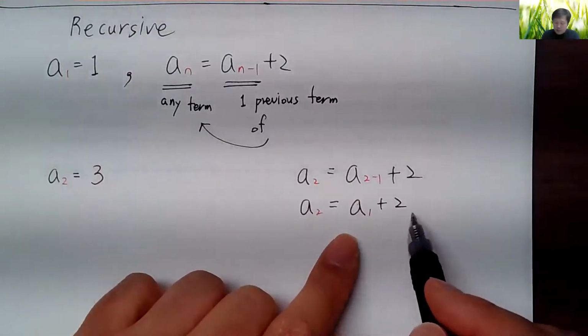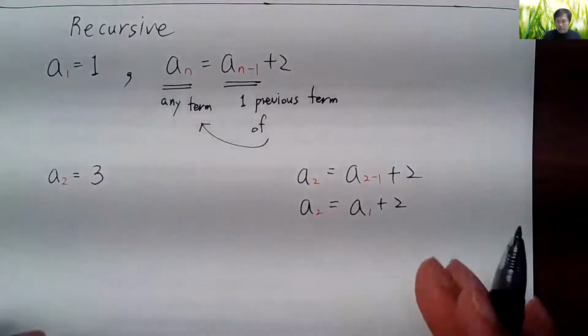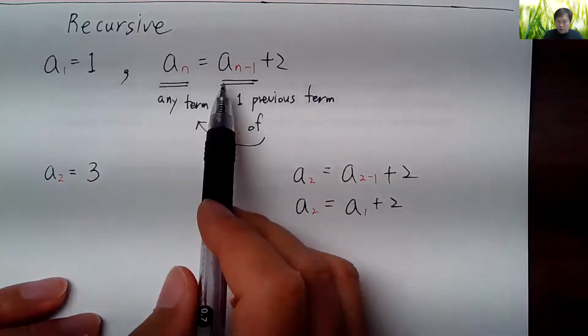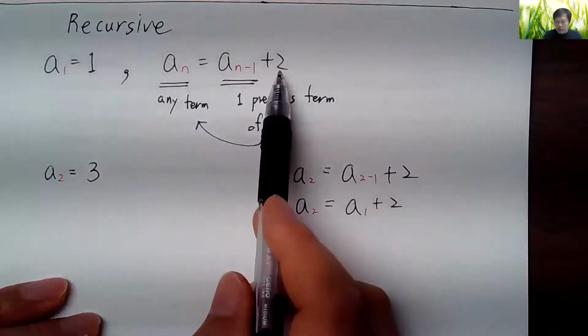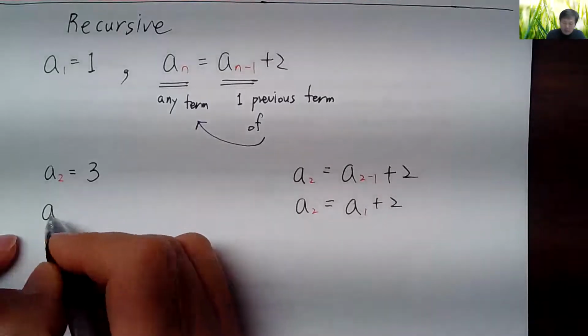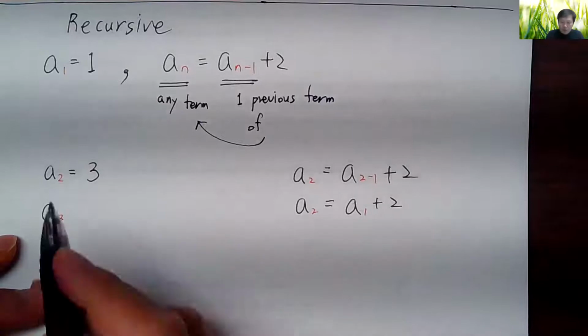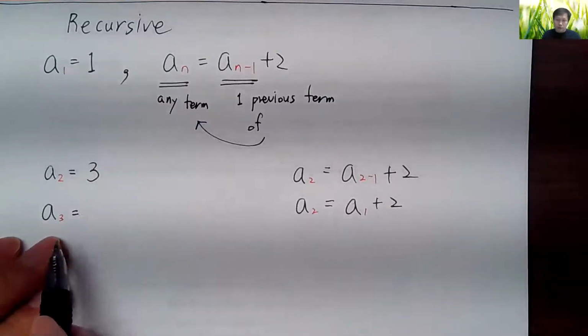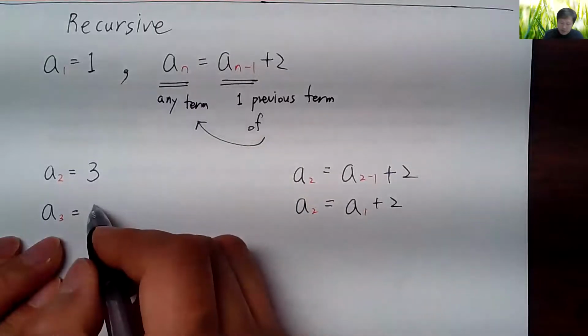So 1 plus 2 becomes 3. That's by plugging in. But conceptually, you should understand this simple case that whatever previous term you're going to add to. So I can ask you what's third term? Whatever previous term of third term, which is second term, which is 3, you're going to add by 2.